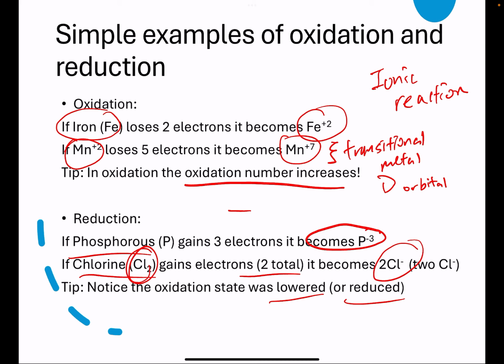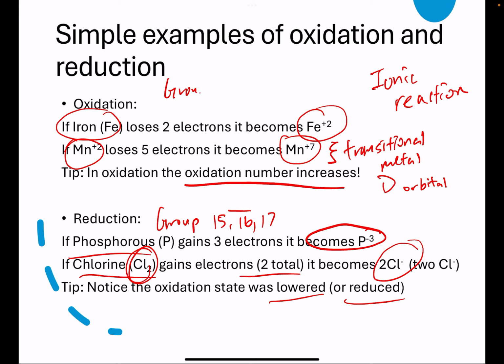So just think about it: they become more negative because they gain electrons. A lot of our group 15, 16, 17 elements are pretty predictable in terms of how they gain electrons, how they are being reduced.